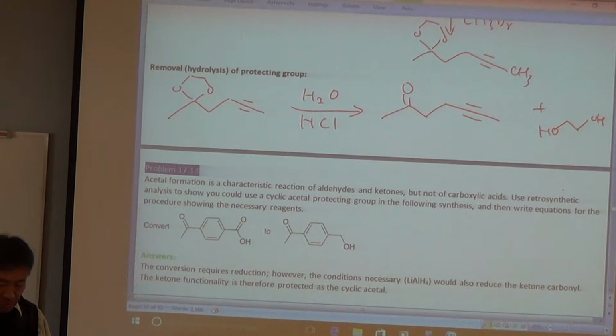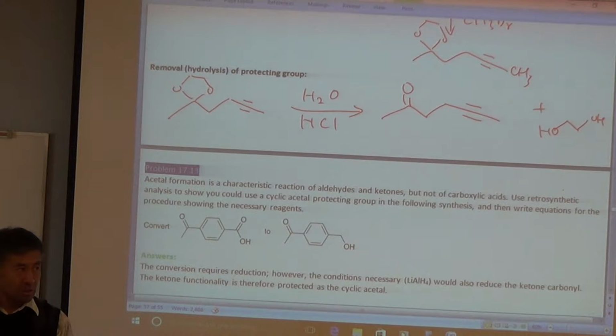So producing an acetal is the characteristic reaction of aldehydes and ketones, not the reaction of carboxylic acids. If you take an acid and react it with alcohol, you will produce esters.